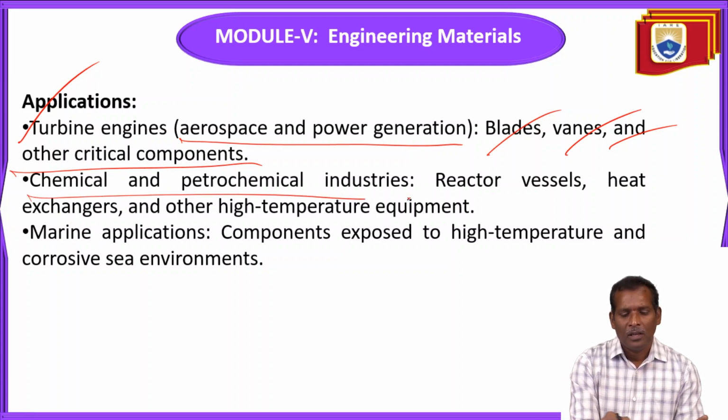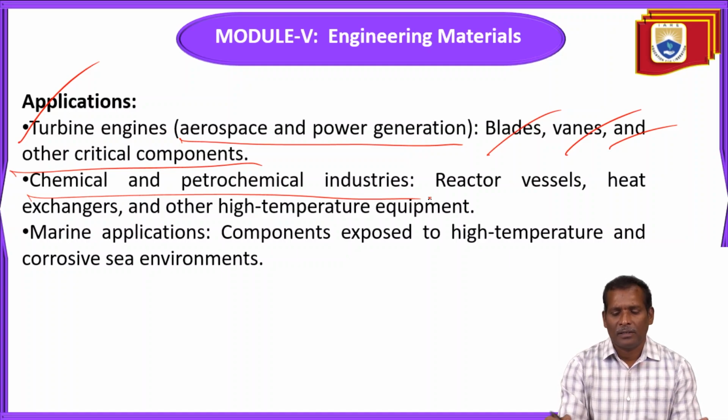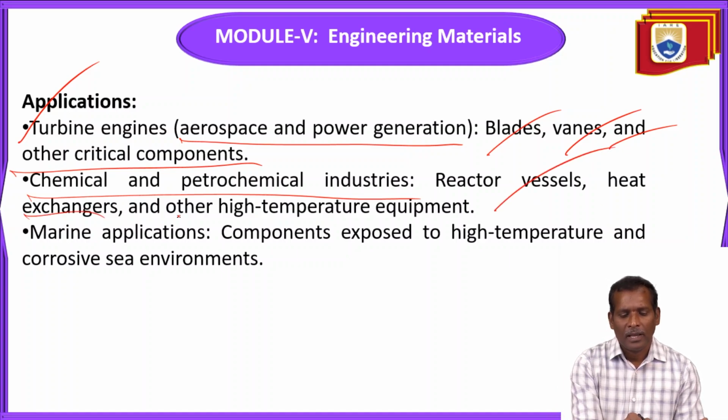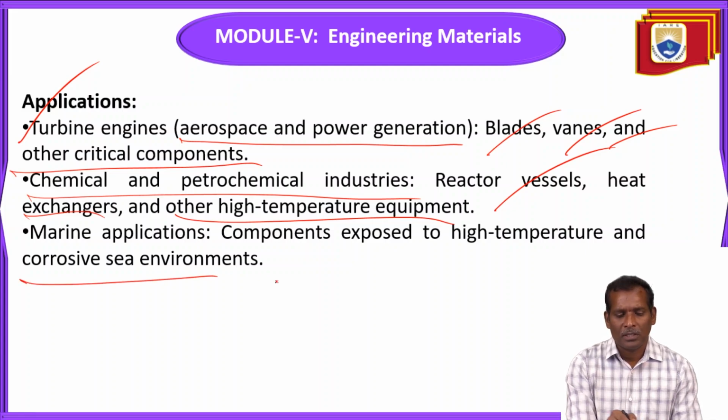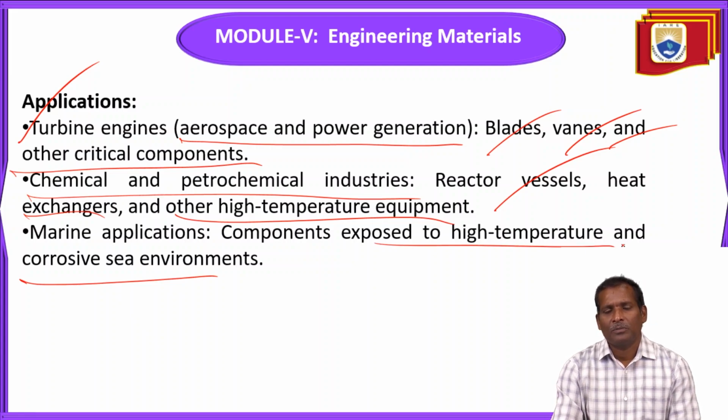The chemical and petrochemical industries: reactor vessels, heat exchangers, and other high temperature equipment. The marine applications, like components exposed to high temperature and corrosive sea environments. The sea environment is different from the normal environment. The components exposed to high temperature and corrosion have chances of corrosion, so to avoid this corrosion, the components are made of this material.